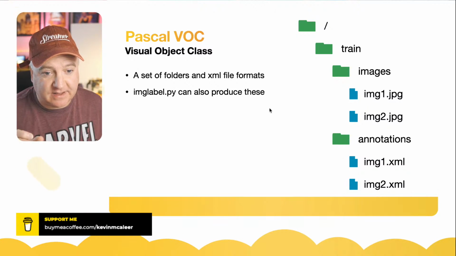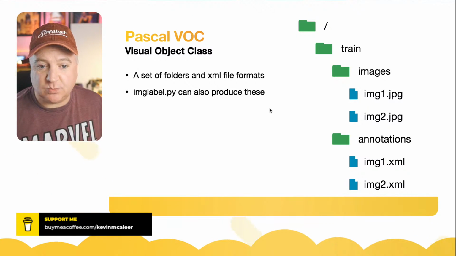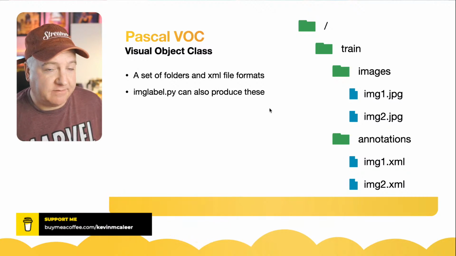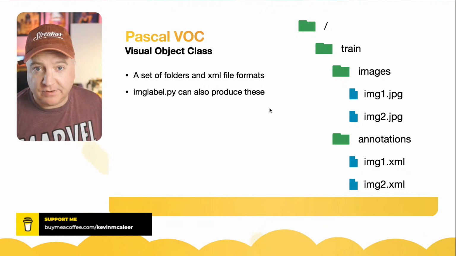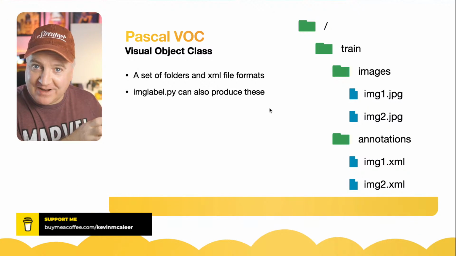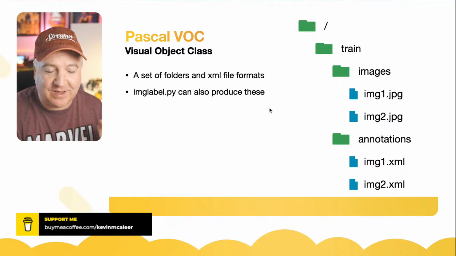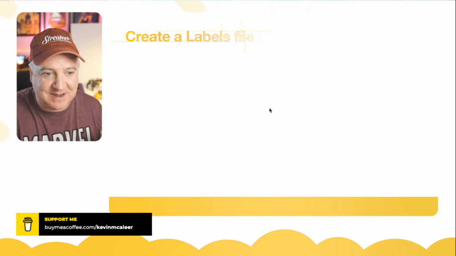Those XML files in the annotations folder are created by your labeling tool. It simply says what the file is, what objects it can detect within there, and what the coordinates are for each of them. Because what our neural network will do is pull out each of those images, resize them, grayscale them, and then shove them through the neural network. We can have a look at that in a couple of minutes' time.